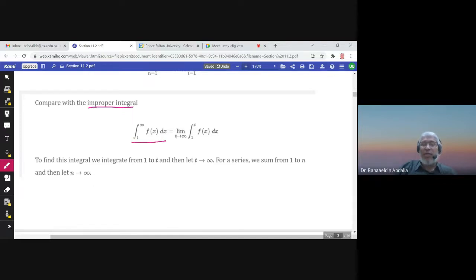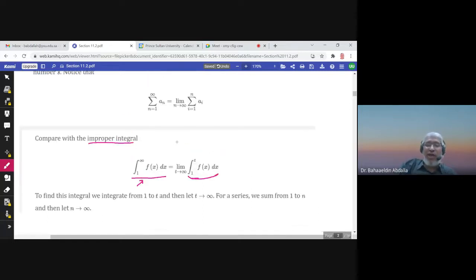We said it is the limit. We replaced infinity with t and said it is equal to the limit of this when t approaches infinity. So this integral represents an infinite area. And to evaluate the infinite area, we evaluate a finite area. This is a finite area, but in terms of t, and then we take t to infinity.